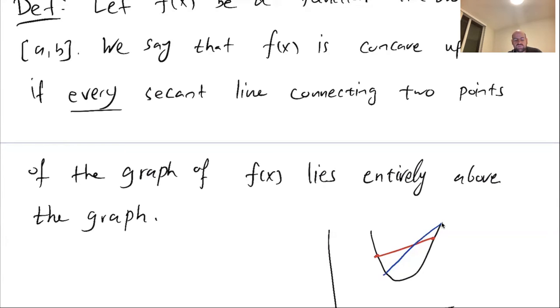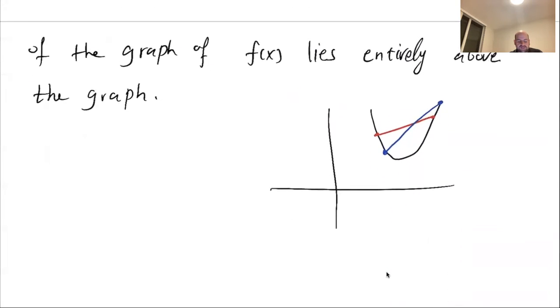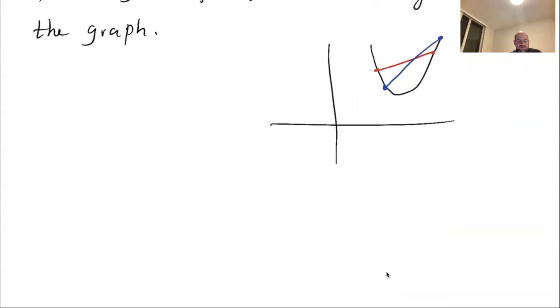Or for the blue one, it connects again 2 points of the graph, this point and this point here, and it lies entirely above the graph. The graph is entirely below this. In this case, we say that the function is concave upward.